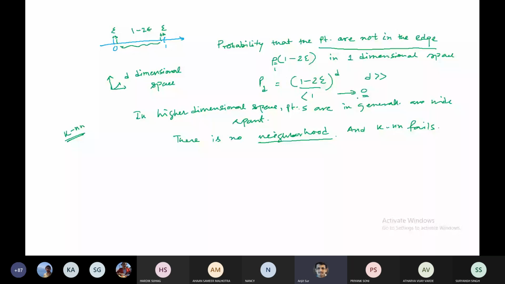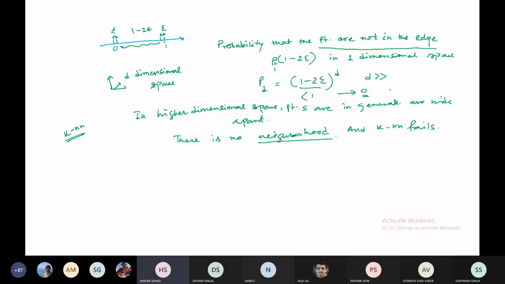Every point is very far apart from every other point, so there is no neighborhood as such, as we defined in the lower dimensional cases, 2D, 3D, for KNN. Understand this? This is the first thing. And then the question is, is there any countermeasure?